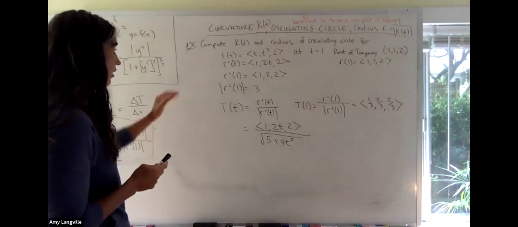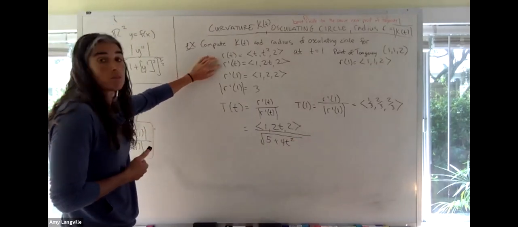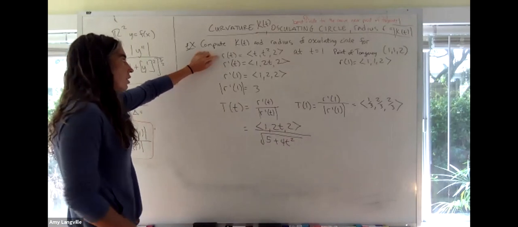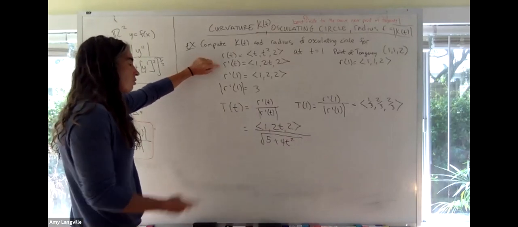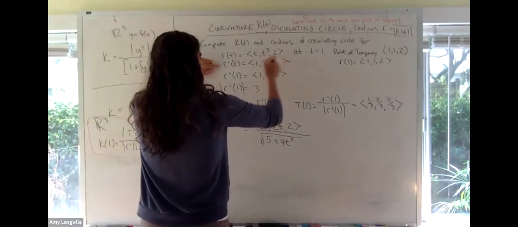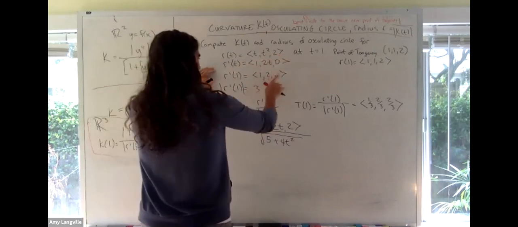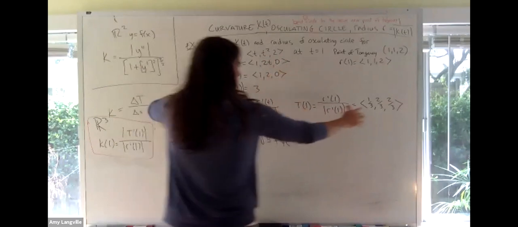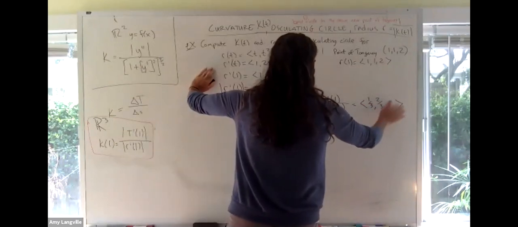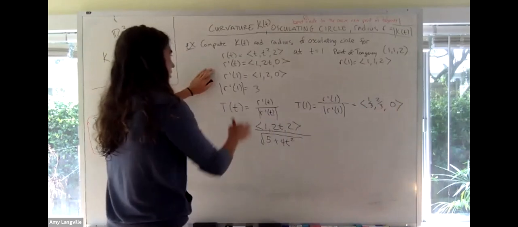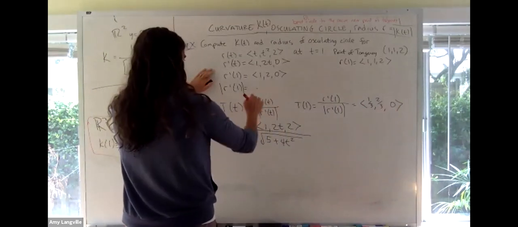Oh, actually, I think I see an error I made up here in my derivative. Let's come back up here and check. Here's our space curve. Take the derivative. This should be 0, right? Derivative of the constant is 0. This should be 0. This would be 0. That means this would be square root of 5.